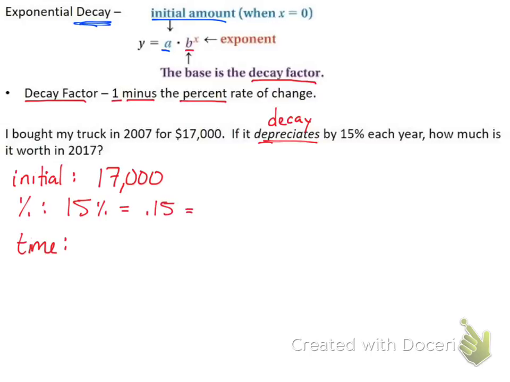And so again, I have to do 1 minus 0.15. Don't guess. Don't try to do it in your head. We mess it up more often than we get it right. So 1 minus 0.15 gives me 0.85. That's my decay factor. My time that goes by, from 2007 to 2017, is 10 years.